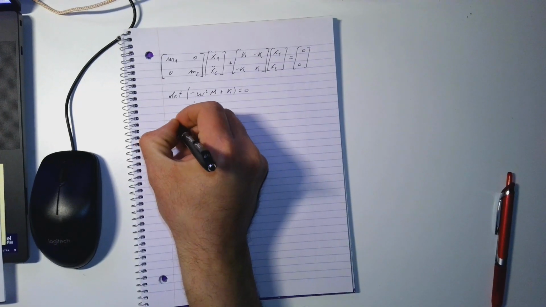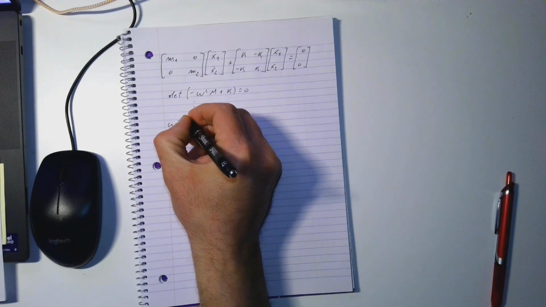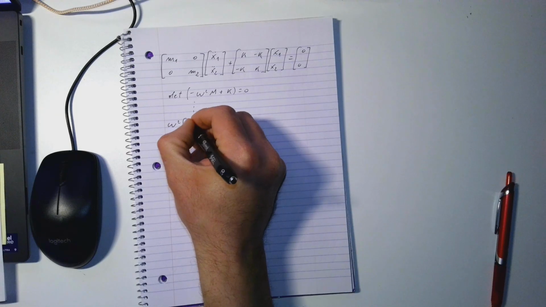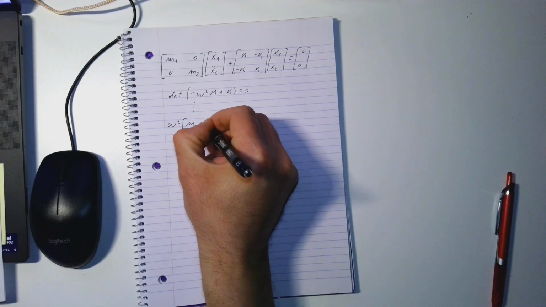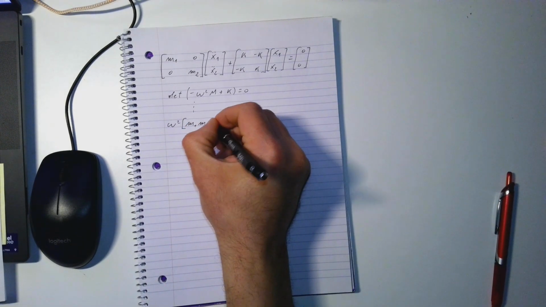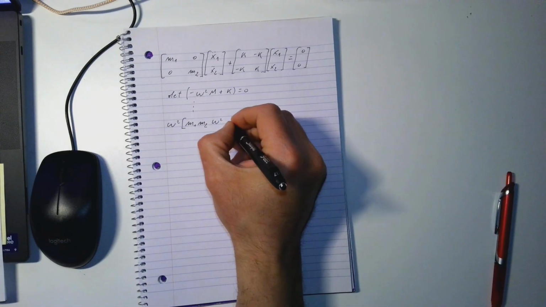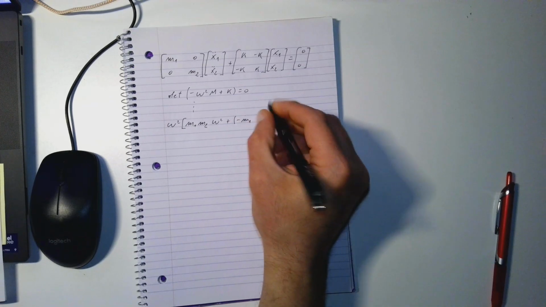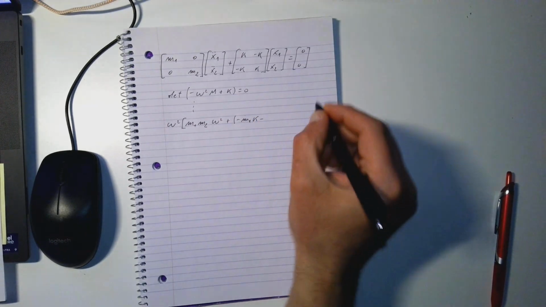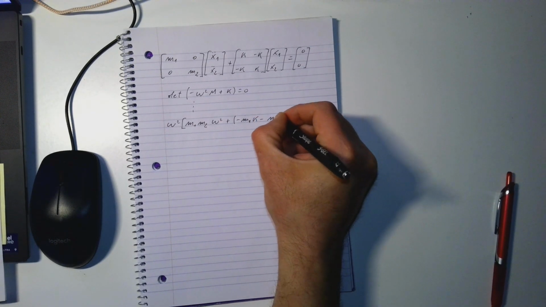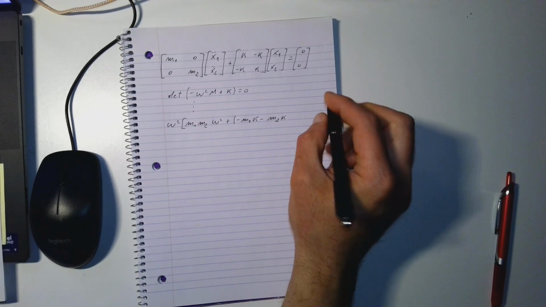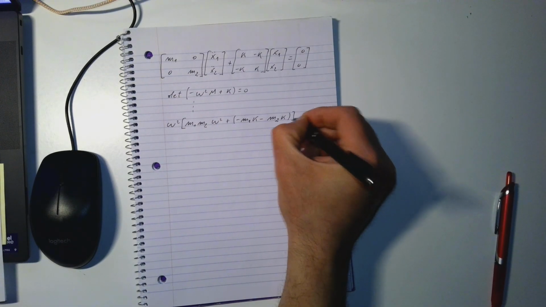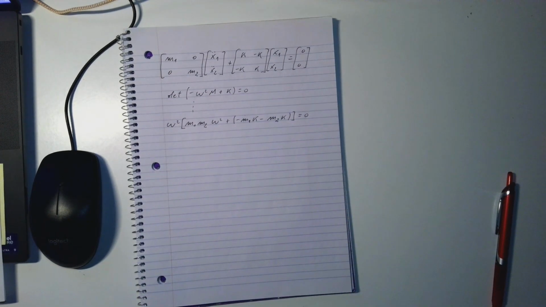We have omega square, this multiplies m1 times m2 omega square plus negative m1k minus m2k equal to 0.